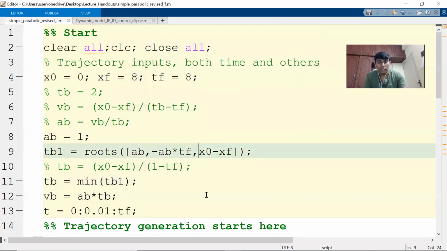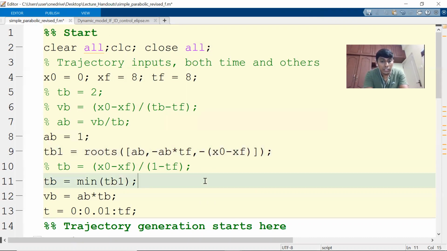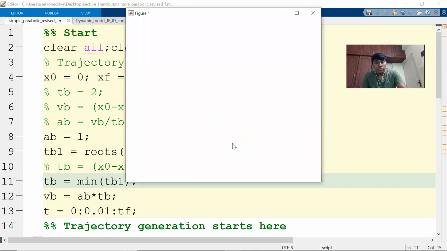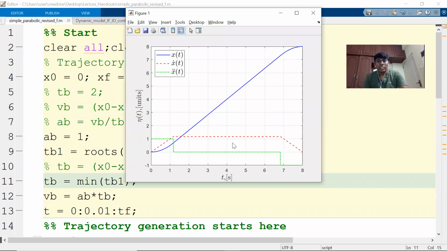I think this minus sign needs to be corrected. Then it would come proper. Okay. So then I think I'll just check once. Yeah. So you can see, right? So this is giving results based on the acceleration restriction. So based on this, we can do several things.